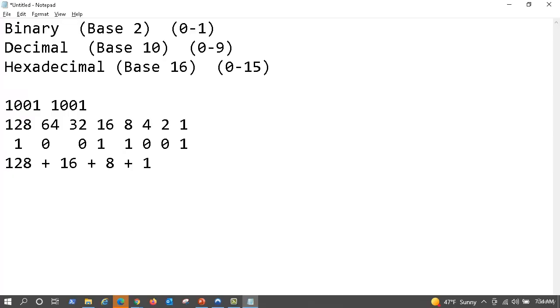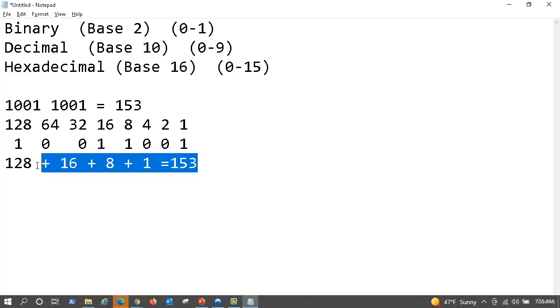So that's how we would convert, and we would then just simply add up those numbers. What is that? 140, that's 153. So this binary number equals 153 in decimal. We know that because we take the number and place it under here. If it's a 1, you count the corresponding value. If it's a 0, you do not count the corresponding value.